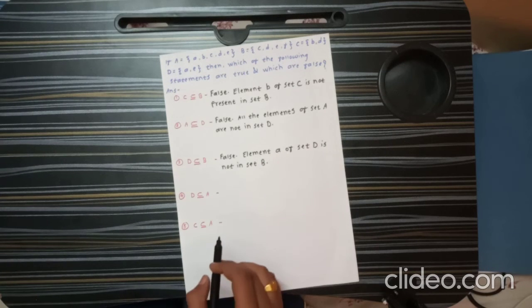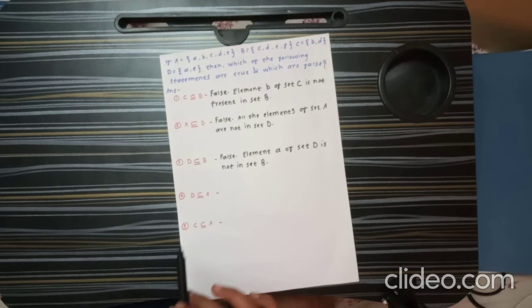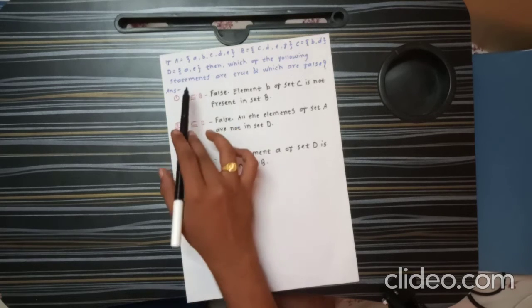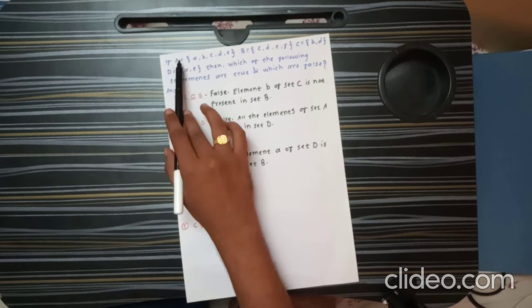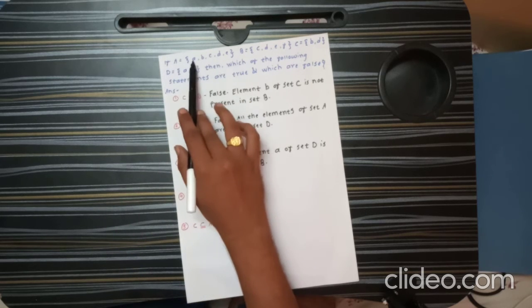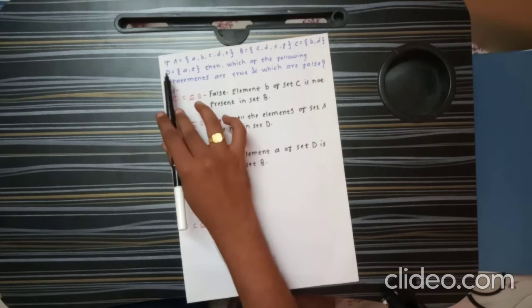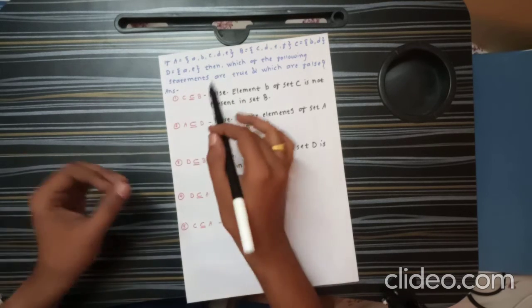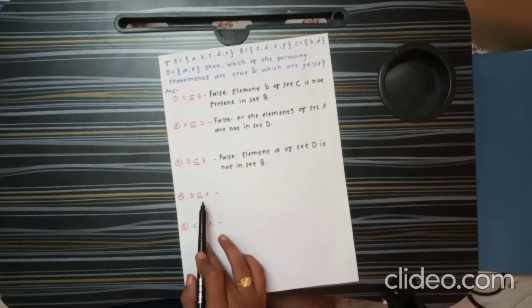The fourth statement now we are going to consider: capital D is a subset of capital A. Now D is having a and e, and set A is also having both these elements a and e. So all the elements of set D are also part of set A. Hence in this case we can say that this statement is true.